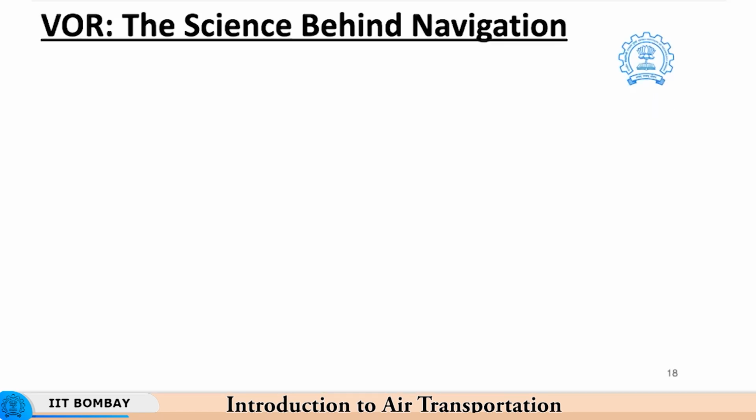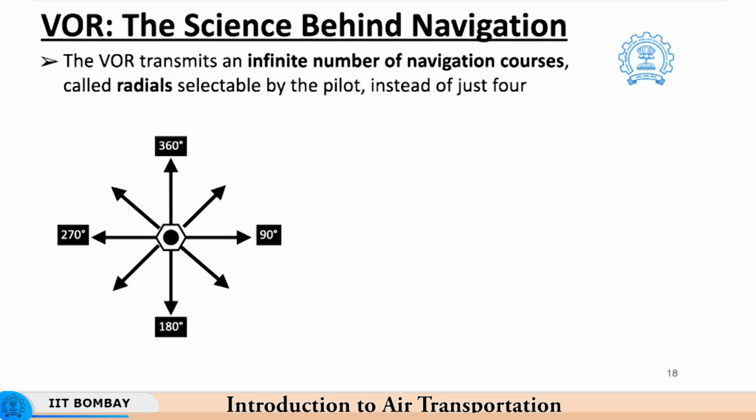Let's understand this. Unlike NDBs, VORs transmit an infinite number of navigation courses called radials. Now these radials are selectable by the pilot. So for instance, a pilot has determined a particular VOR station, and he wants to follow or reach that VOR station on a particular course, for example 90 degrees.